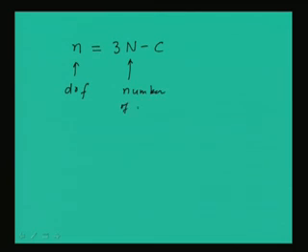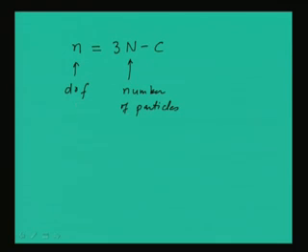So first let us see what is the degree of freedom of a discrete system. The degree of freedom n of a discrete system can be given as n = 3N - C, where n is the degree of freedom, and N is the number of particles in the system.